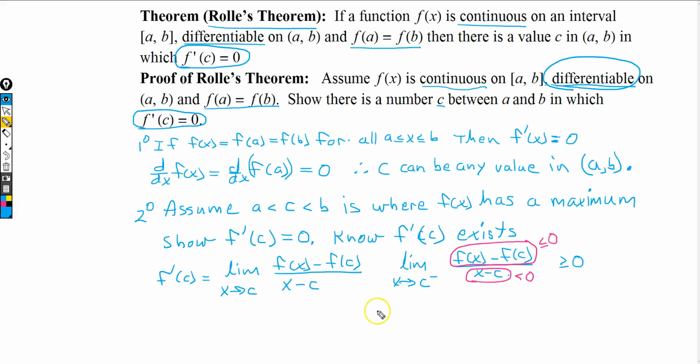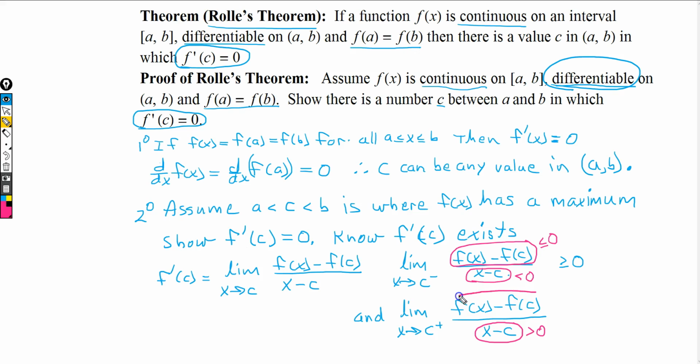Also note this: if we look at the right hand limit, well, in this case now, as x approaches c from the right, the denominator is going to be bigger than 0 because x is going to be larger than c. So the denominator is positive.